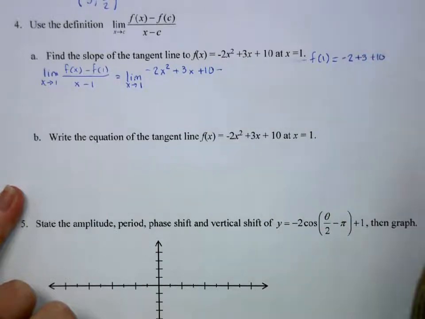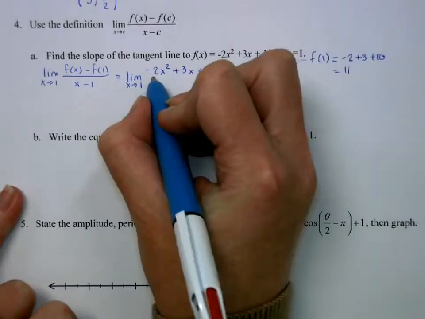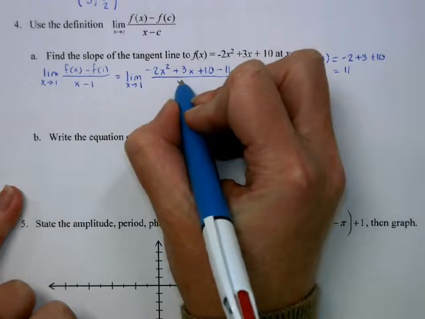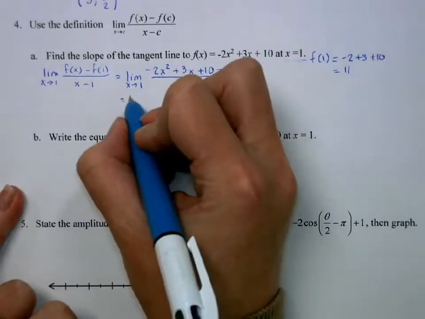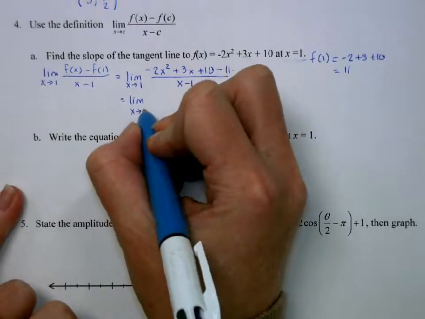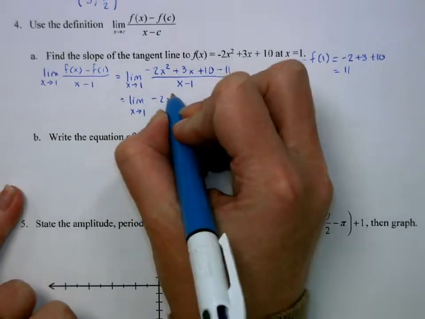So that'll be 11. Over x minus 1. So that'll be minus 1.